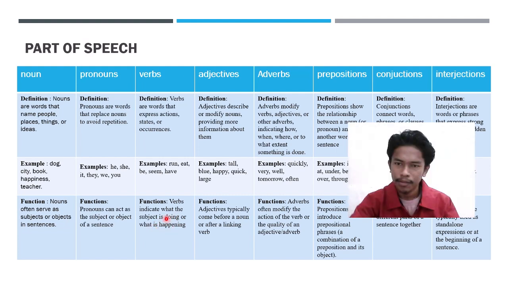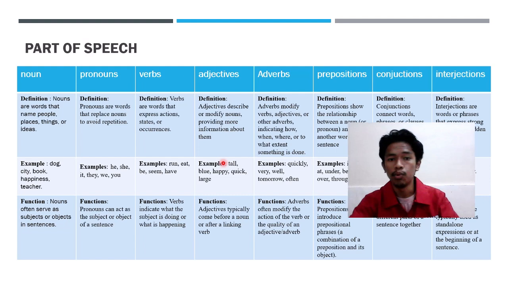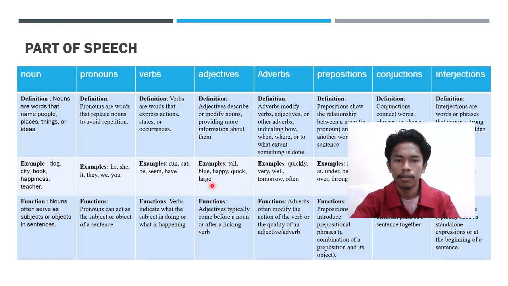Then adjectives describe or modify nouns, providing more information about them. You got it right? Like tall, blue, happy, quick, large, and many others. Adjectives typically come before a noun or after a linking verb. Right?